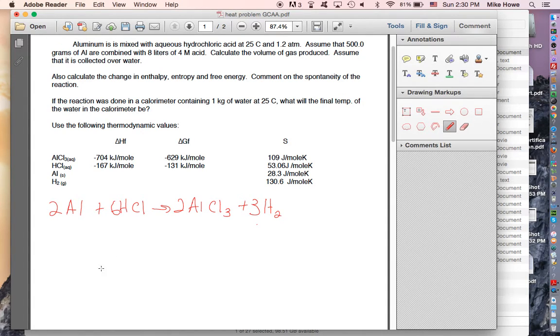First question says you've got 500 grams of this. In order to make this problem look a little bit neater, I'm not going to show all of the work that I'm going to do here. So we're going to change 500 grams to moles, and I'm going to assume that you know how to do that.